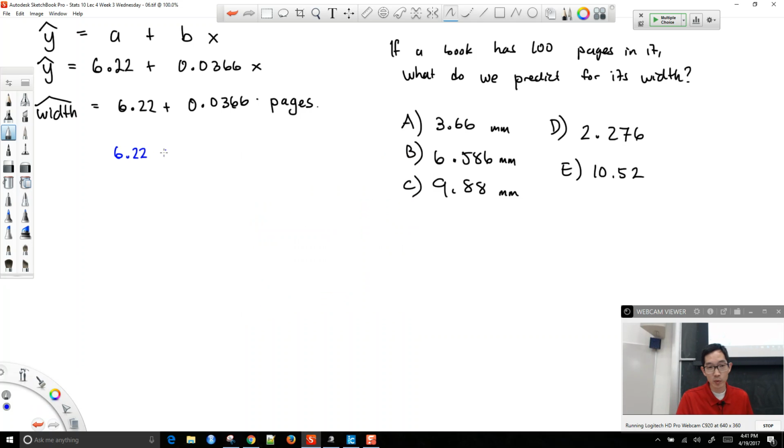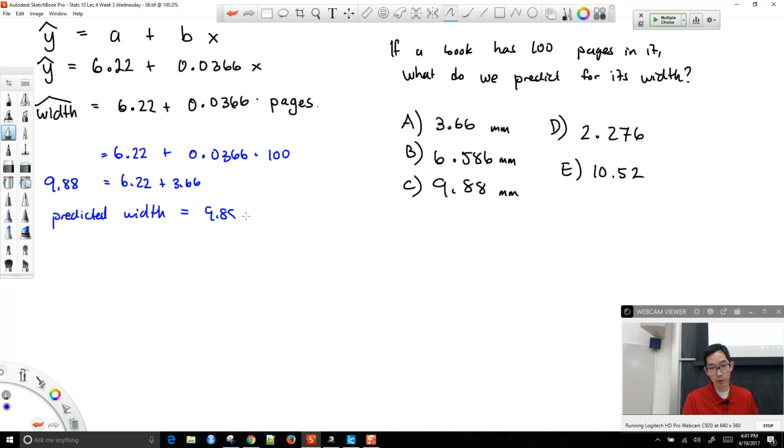We have 100 pages, so I have 0.0366 times pages, and pages is now the number 100. When I do this, I get 6.22 plus 3.66, which is 9.88. So my predicted width is equal to 9.88 millimeters.